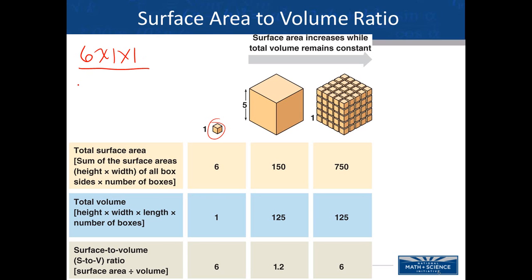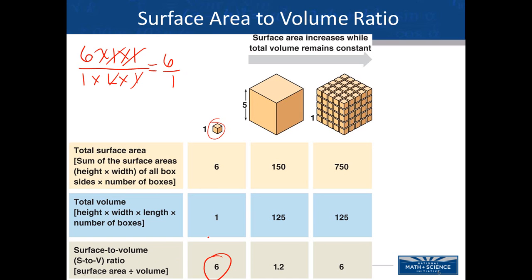The volume is the height times the length times the width, which is 1. So when you cancel this all out, this is a 6 to 1, or the surface area to volume ratio is 6.